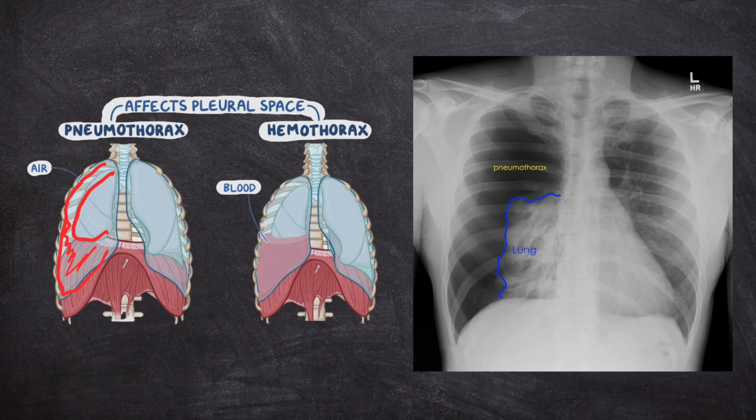All this here is air, and it's pushed our little lung to a minimal size. And then if you look at the other one, we've got our lung sitting here, and then all this in the bottom base here. This here is all blood. So this is a hemothorax. So I just wanted you to be able to see kind of what that looks like if you could go through and get a visualized image.